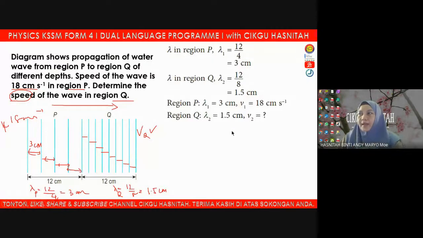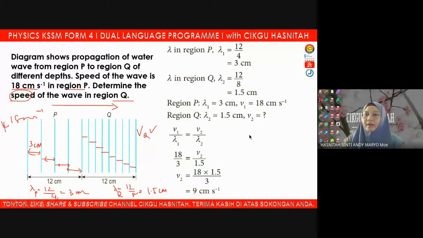Then we can apply this equation: V1 divided by lambda 1 equals V2 divided by lambda 2, or VP divided by lambda P equals VQ divided by lambda Q. So it is 9 centimeter per second. Did you get 9 centimeter per second?